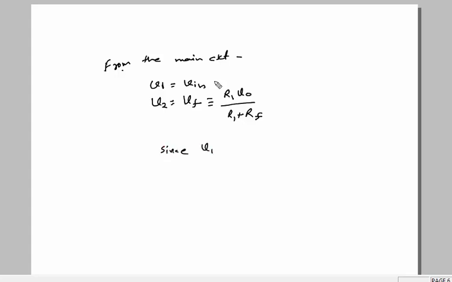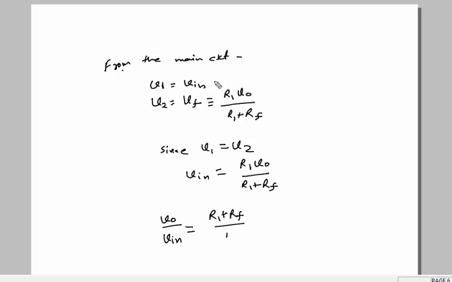Since V1 is the same as V2, I can write Vin equals R1 V naught divided by R1 plus Rf. Or I can write V naught by Vin equals R1 plus Rf by R1, which is 1 plus Rf by R1, and V naught by Vin is known as AF.